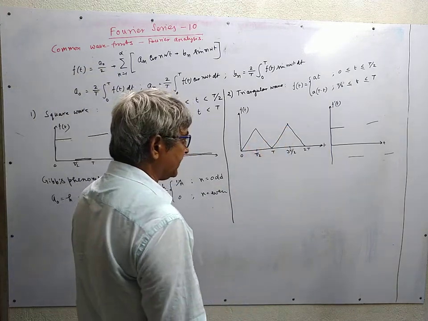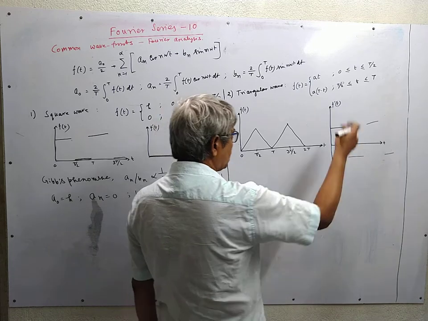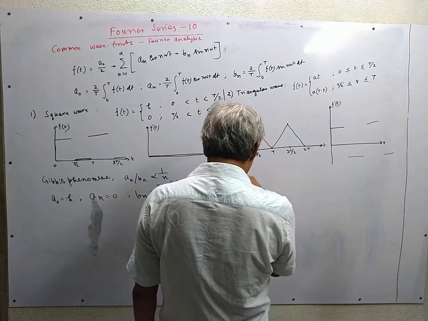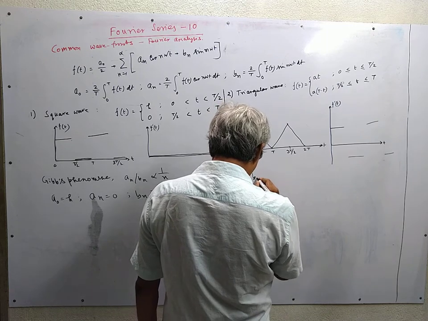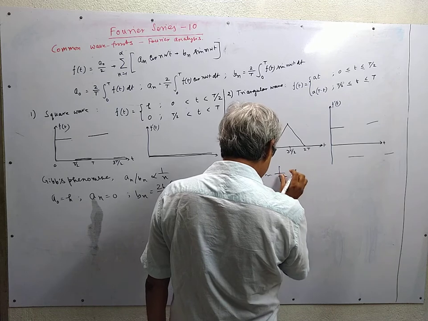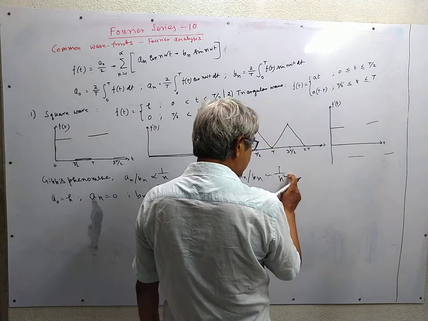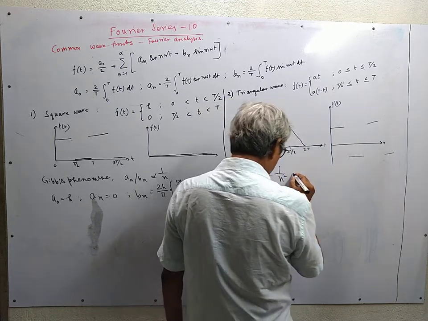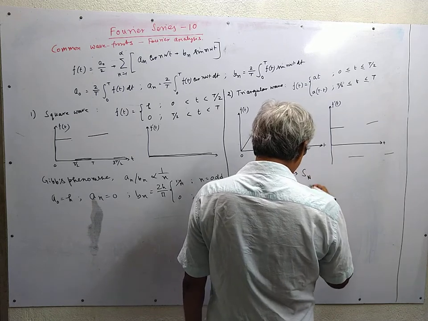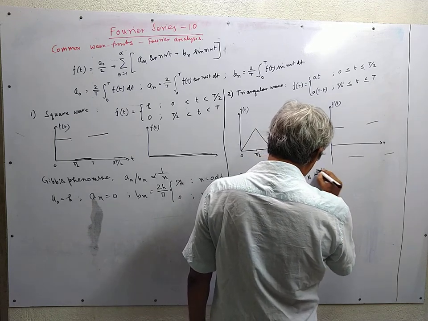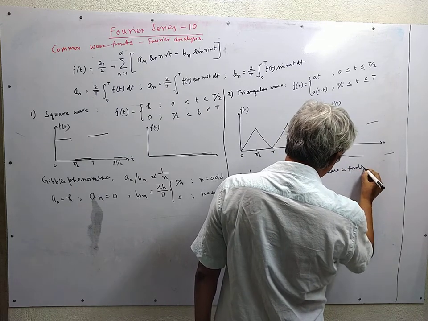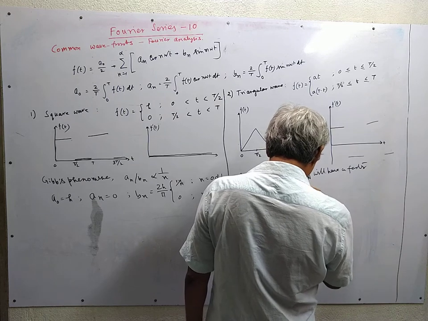There is a discontinuity in the first derivative of the function. So an or bn, whichever persists, will have a 1 by n square variation, and due to this n square variation, the partial sum Sn will have a faster rate of convergence.